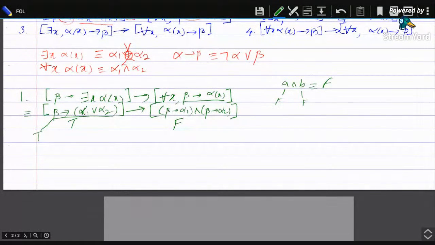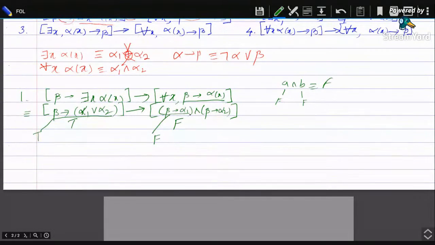Beta implies alpha 1 and beta implies alpha 2. So what do you want? You want the right hand side to be false. For the right hand side to be false, take any one of them false. Okay, let me take this, beta implies alpha 1, is false. Beta implies alpha 1 is false means what?